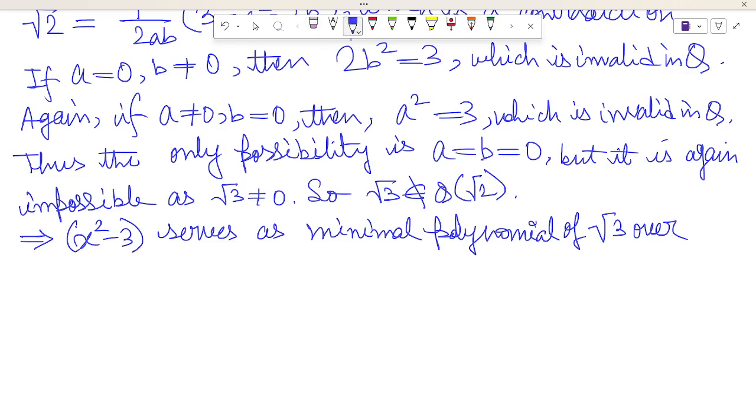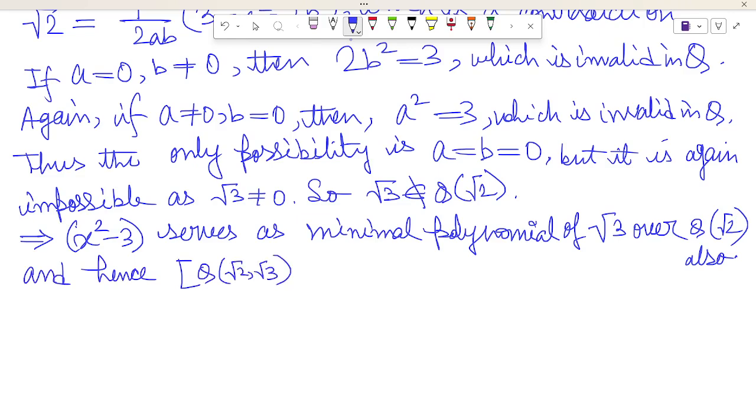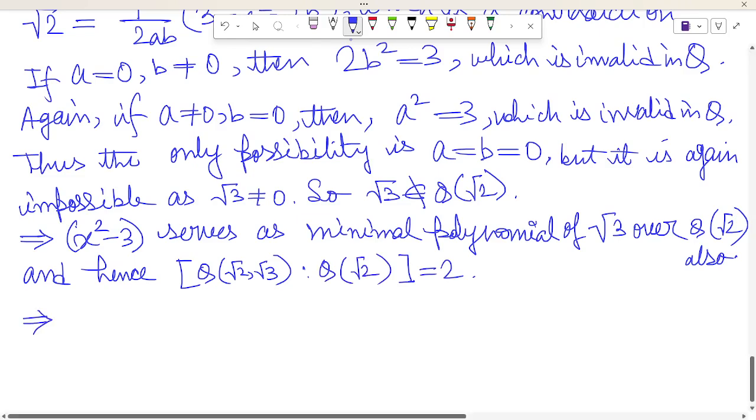Also, hence the degree of extension is 2. So what does it mean?